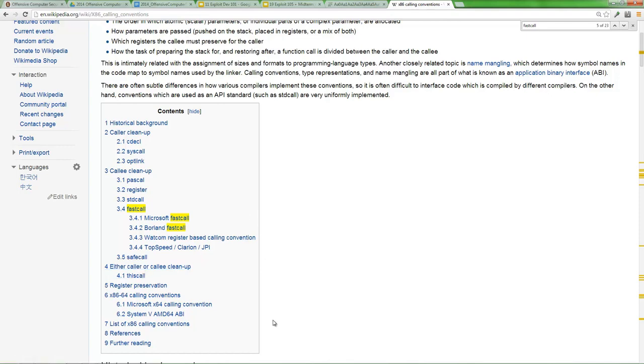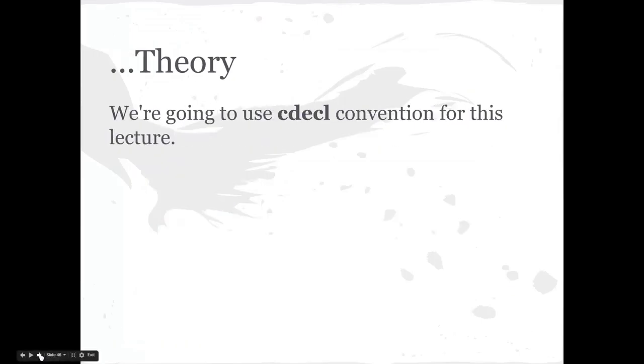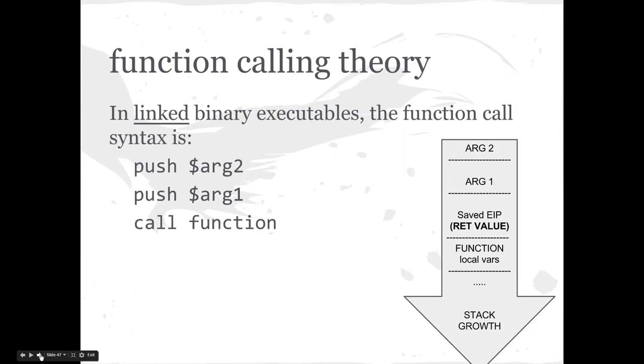So we're going to focus on cdecl for the rest of this lecture because you need to understand how to clean up the stack between each ROP gadget call, and between each function call if you're chaining together functions. And we're going to be diving into something called return chaining.